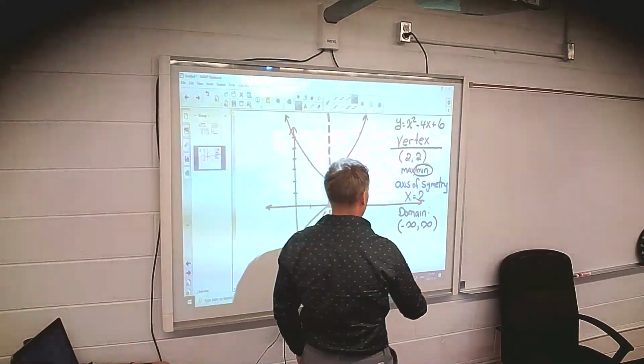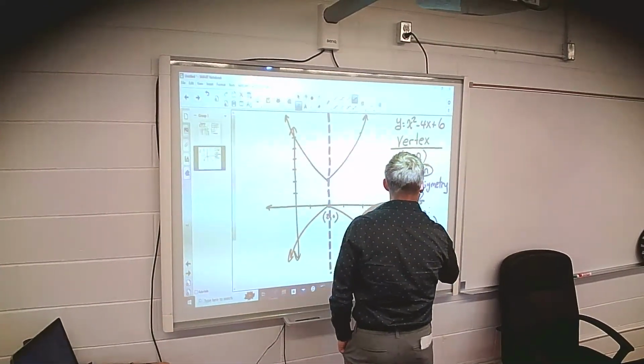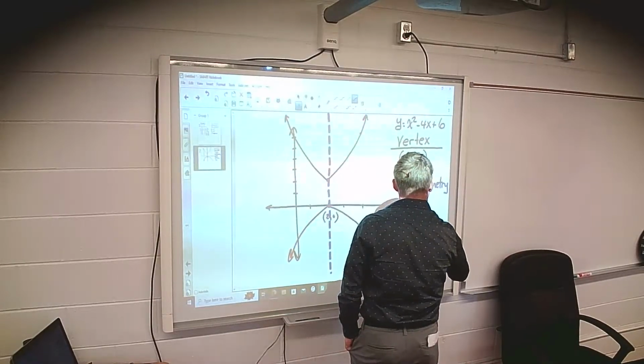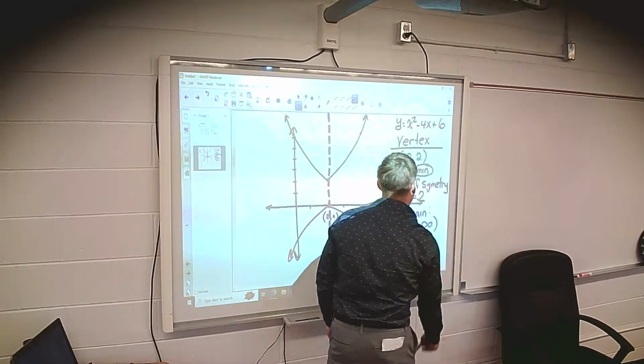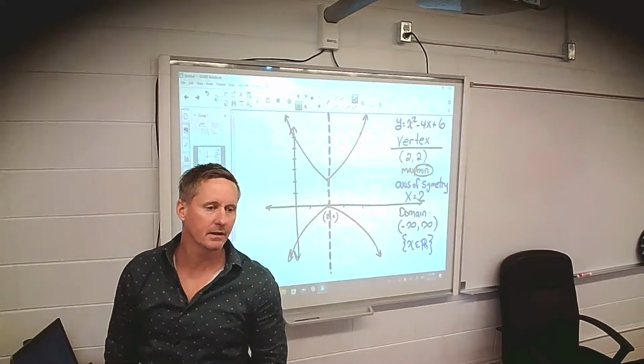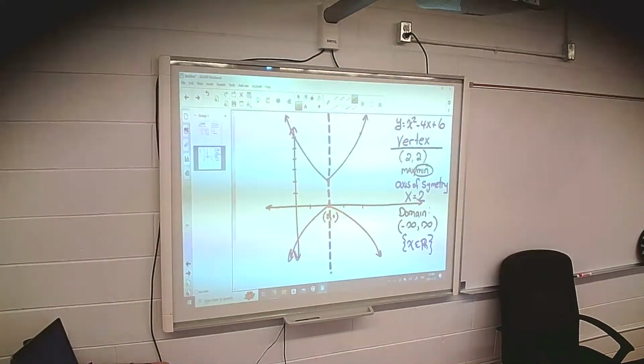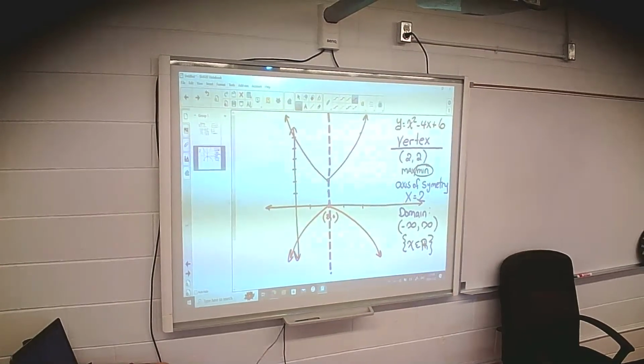I think this is the way that you would write it more often than not. X is an element of all real numbers. That's all left, all right, every number in there, continuous graph, the whole bit. Whichever way you like to do it, that's up to you.